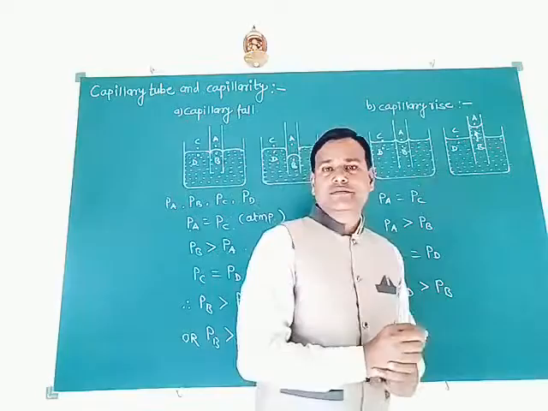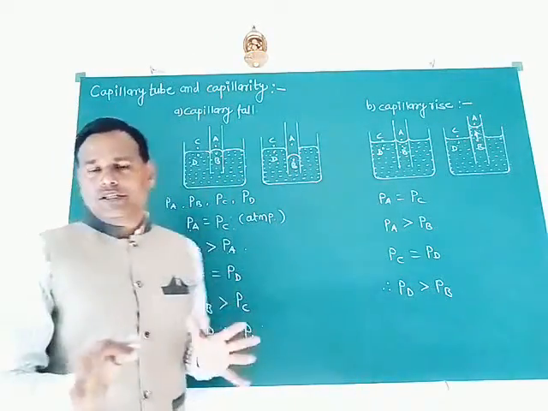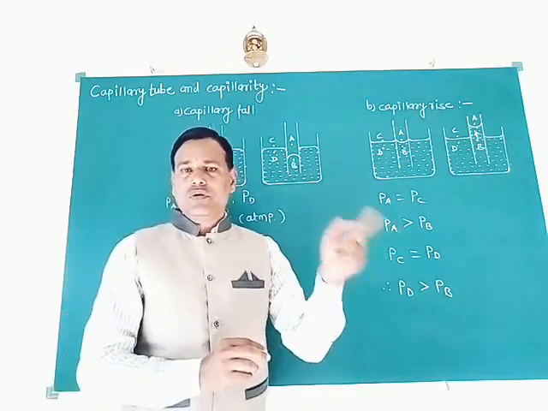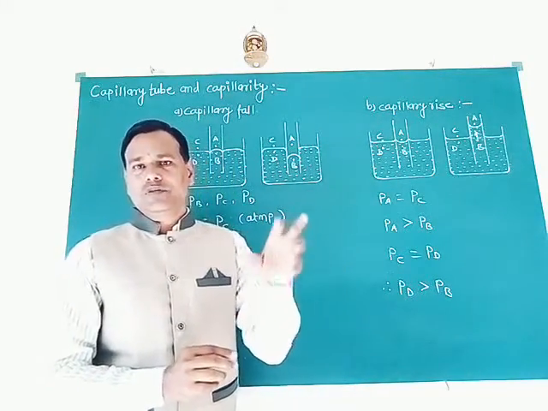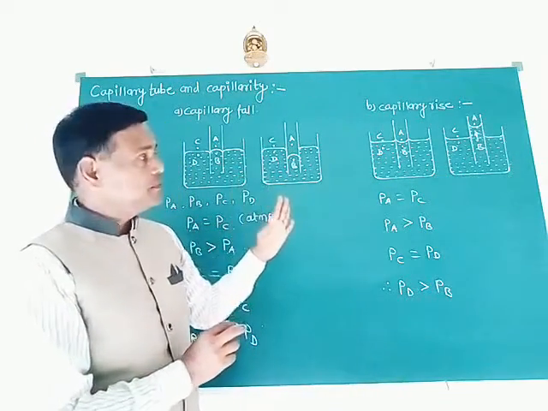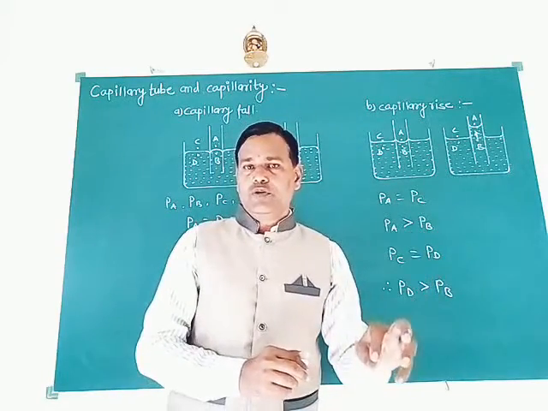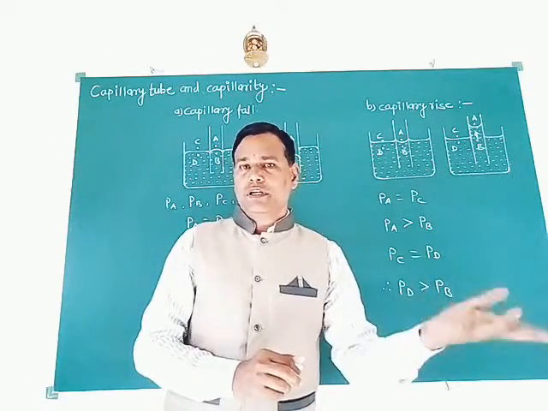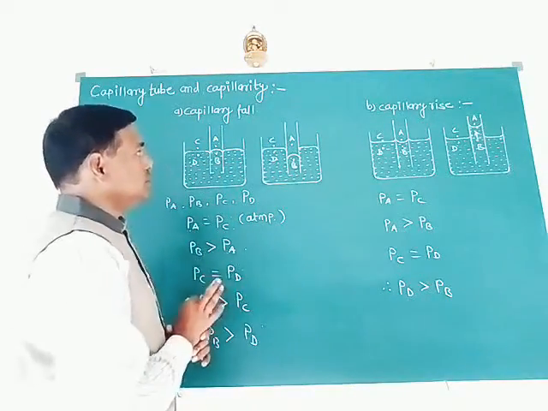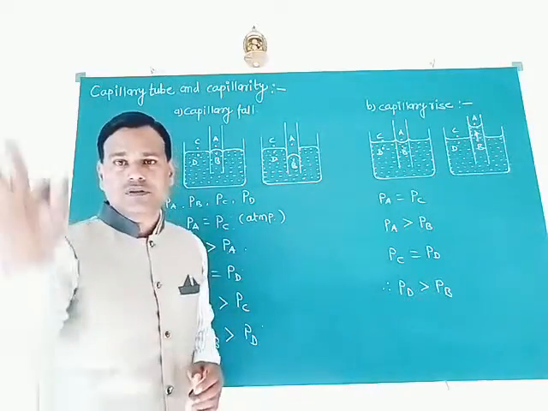So capillary rise or capillarity: the level of liquid inside the capillary tube rises or falls when the capillary tube is immersed in the liquid. This phenomenon is called capillary rise. A rise takes place when the capillary tube is immersed in a liquid which completely wets the solid, and capillary fall takes place when the capillary tube is immersed in a liquid which does not wet the solid.